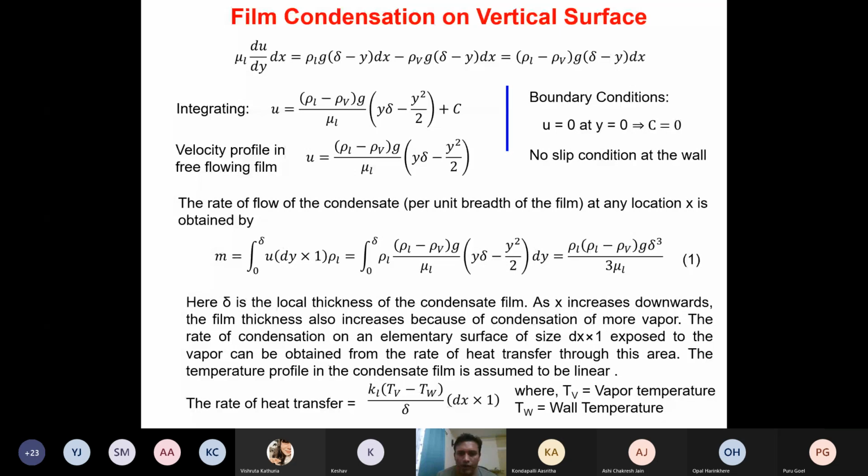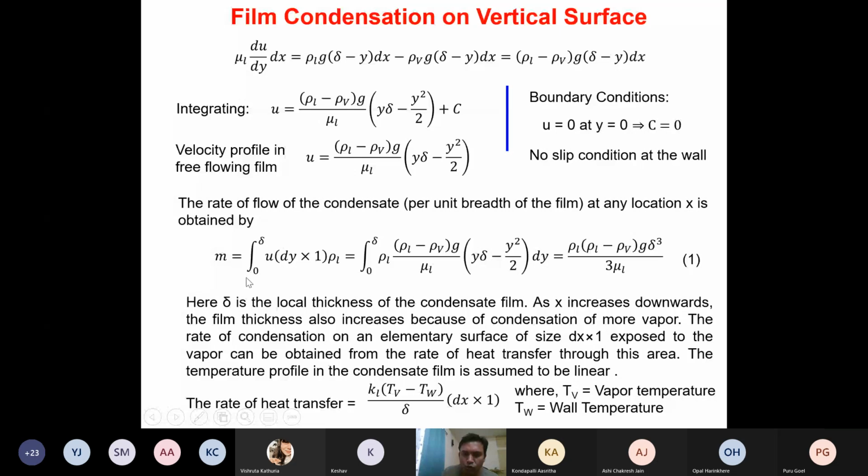Now the flow rate of the condensation. So mass flow rate is obtained as velocity multiplied by cross sectional area. In this particular case, we are looking at the element in terms of x.